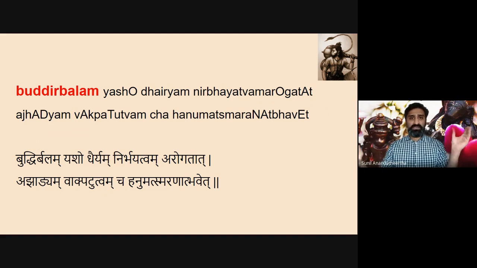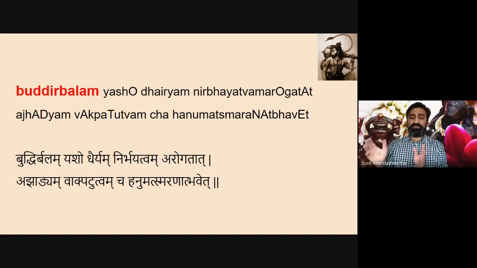Now, when they do sandhi and you join them up, it becomes nirbhayatvam arogatat. It is not recited as two separate words. That half-silent m is taken off, but the a-kara is given to the half-silent letter itself. So nirbhayatvam arogatat.